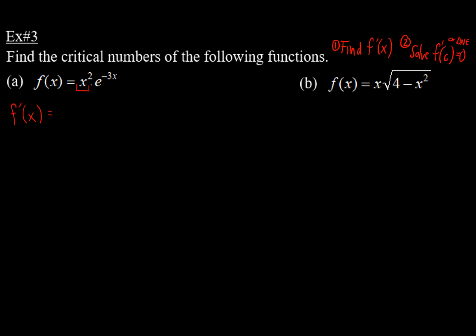So here's my first and my second. For product rule, I'm going to take my first function times the derivative of the second plus my second function times the derivative of the first. And then I'm going to clean that up a little bit.